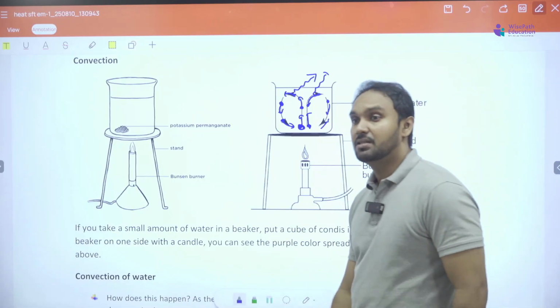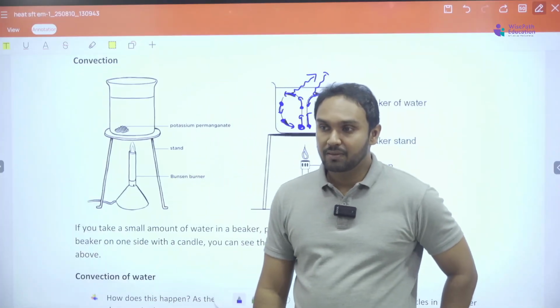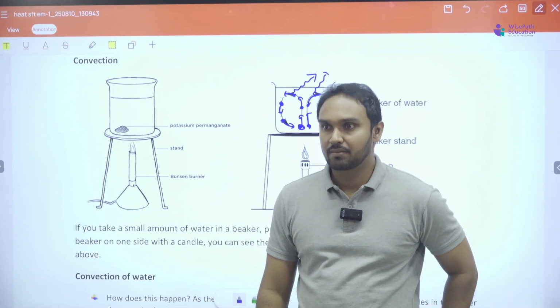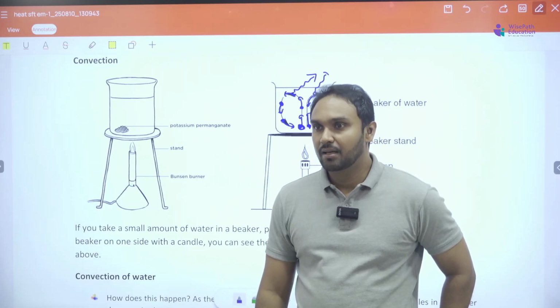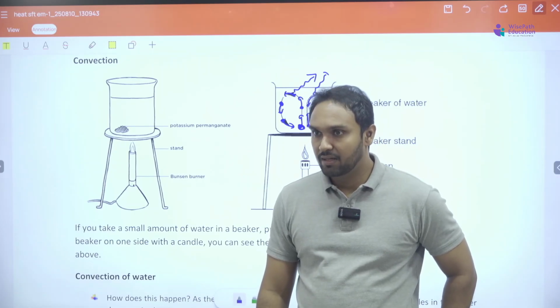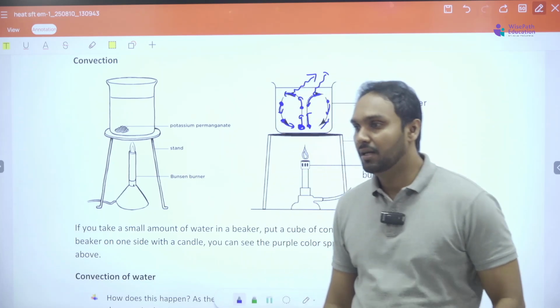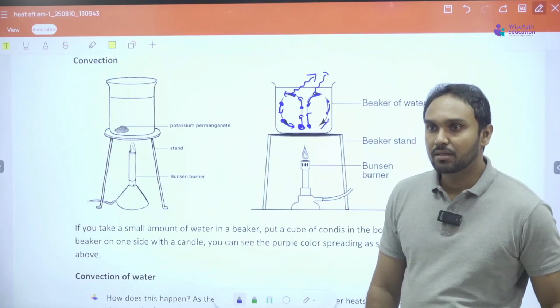Because of these convection currents, that is one of the main reasons we have the seasonal rains. If we hadn't had convection currents, we wouldn't be having any rains. Why? Because in some seasons the sun is rising to one of the deserts.